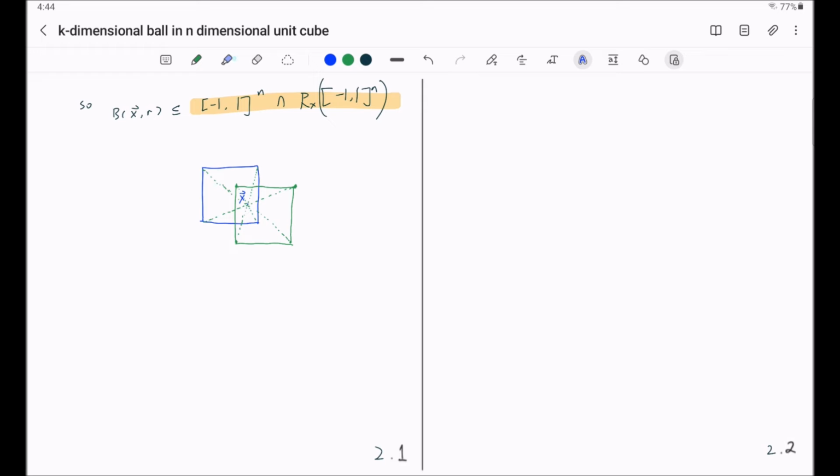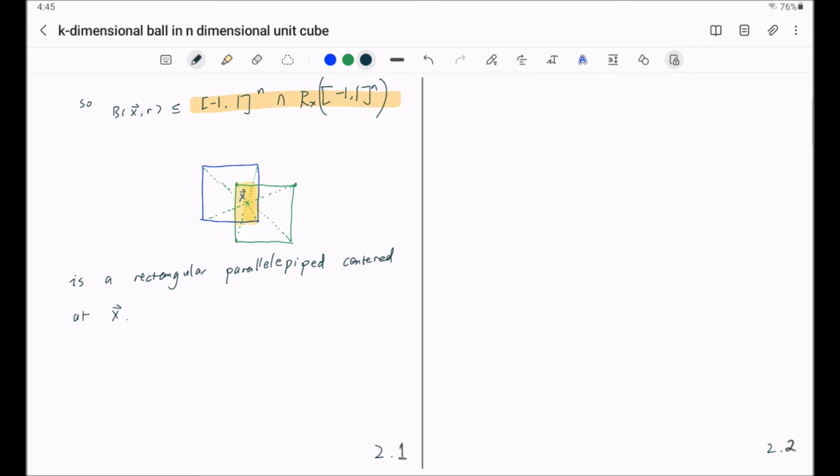Now the intersection is this shaded region. And using mathematical terminology, this is a rectangular parallelepiped centered at x, whose side lengths are all less than or equal to 2.